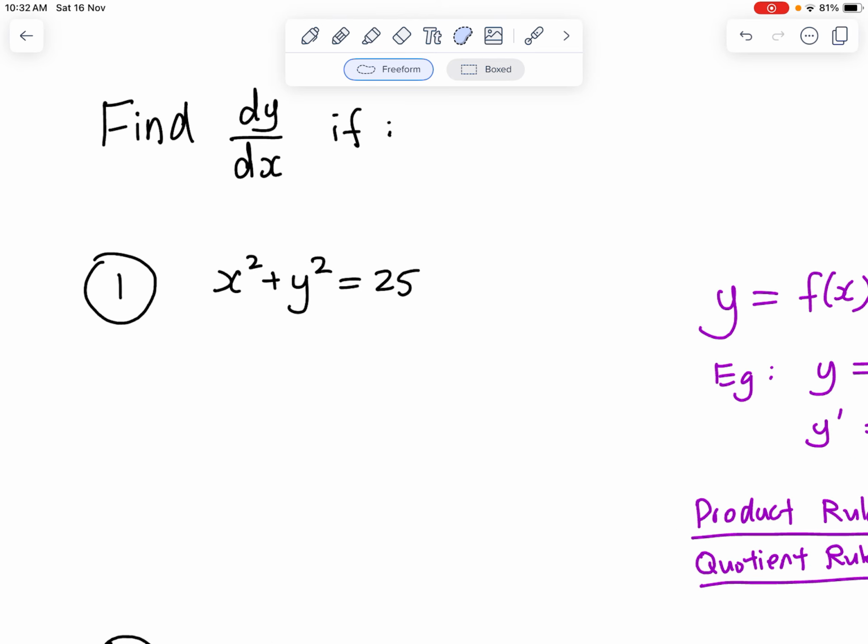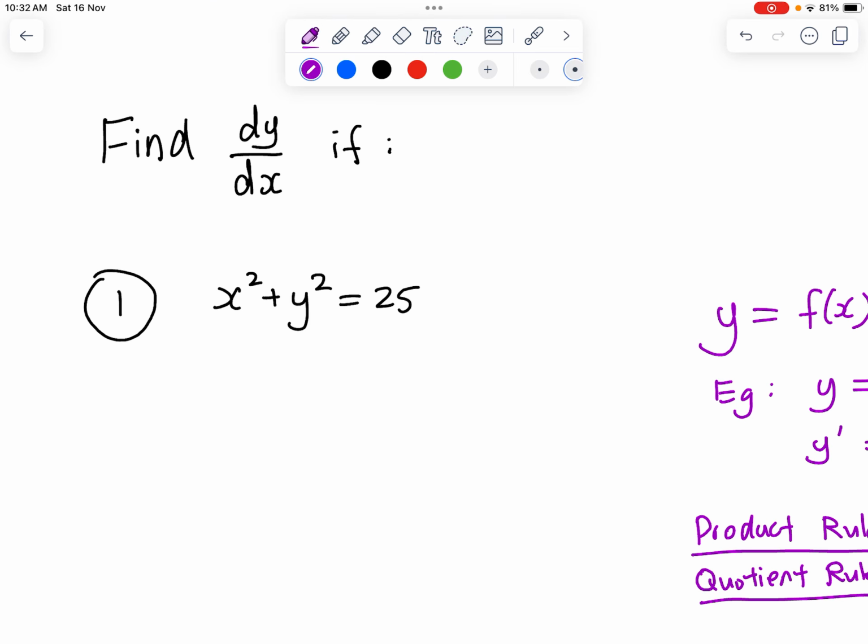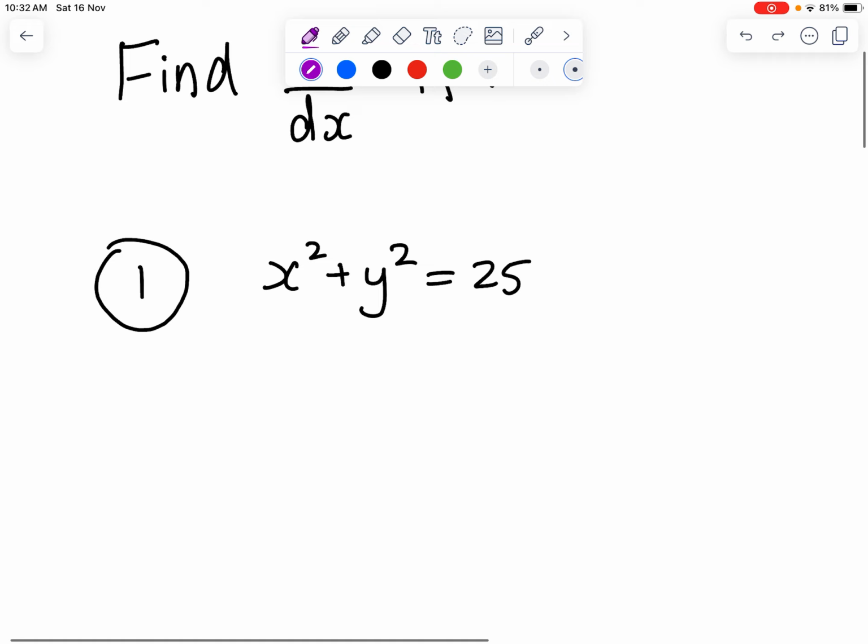So when it comes to implicit differentiation, when we want to find the derivative of an expression like this, we just find the derivative of each individual term. And remember that every time we find the derivative of y, we always must multiply by dy by dx. In this example, we have x squared plus y squared equals 25.